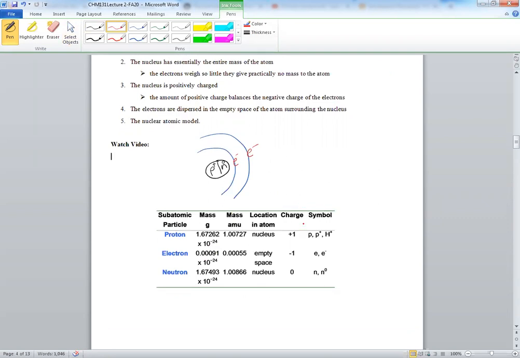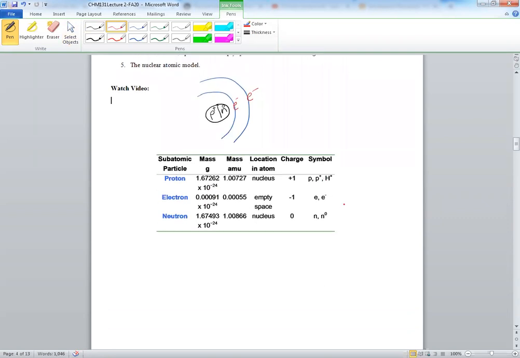We're going to look down here. And remember that there are protons, electrons, and neutrons. And if you see where they're at, so again, this is the nucleus.